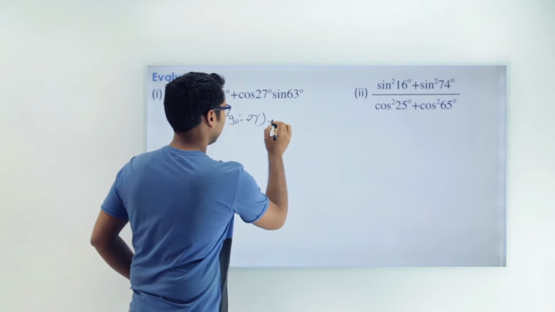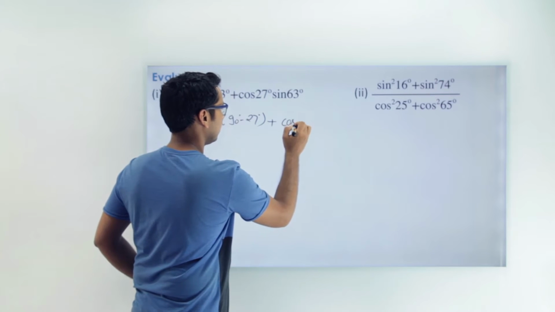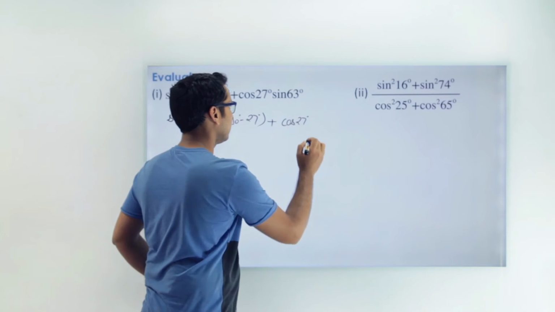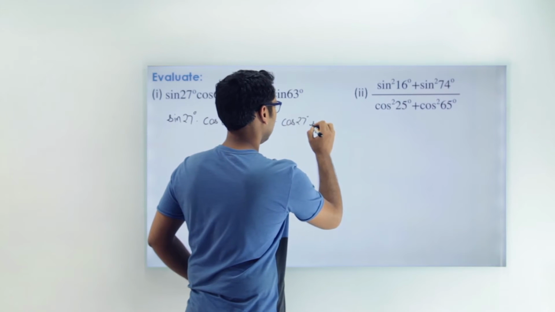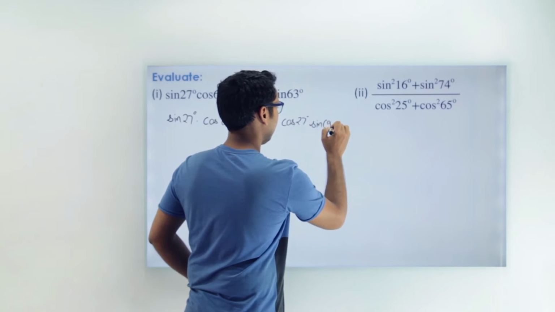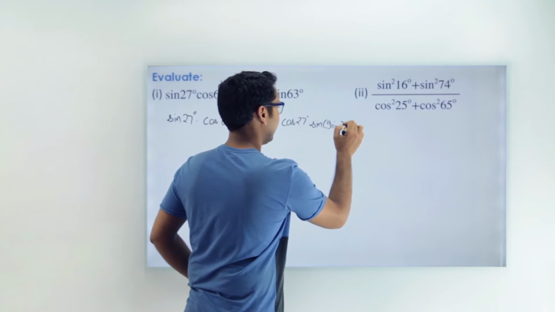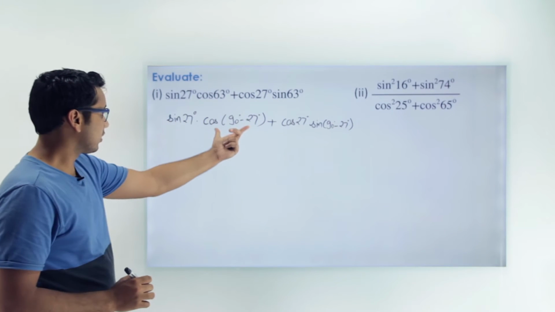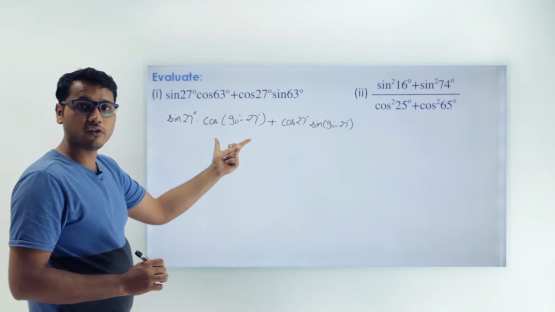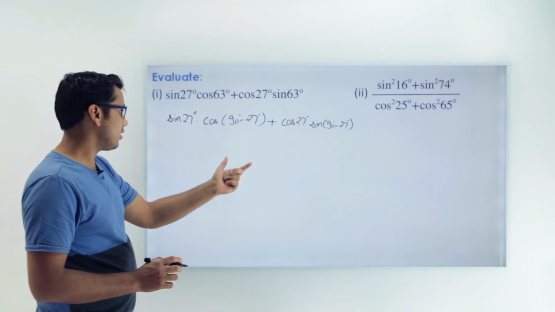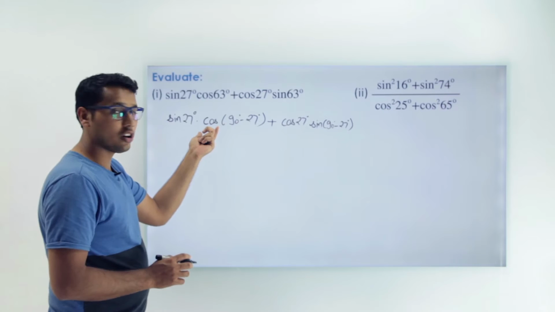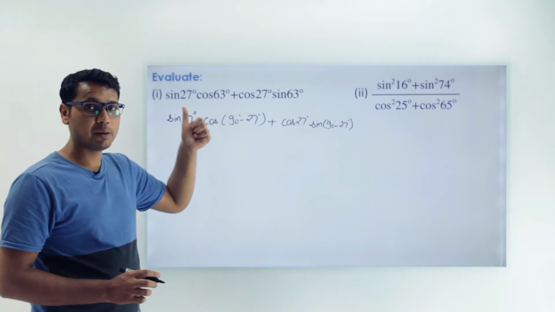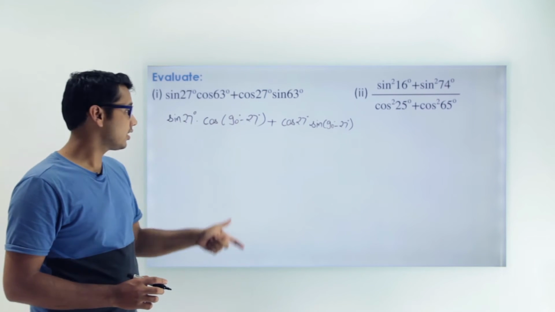Similarly, we can break this also: this will be cos 27 degrees into sine of 90 minus 27 degrees. Now this is written in the form of complementary angle, so we can change this cos term into its complementary trigonometric function, that is sine.